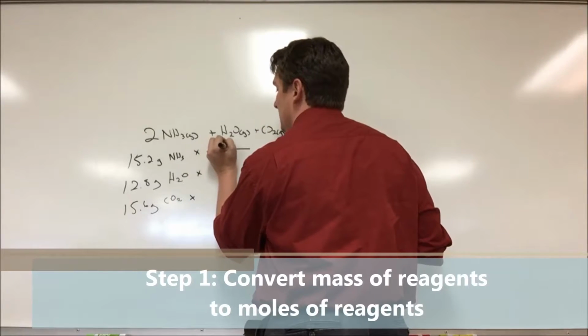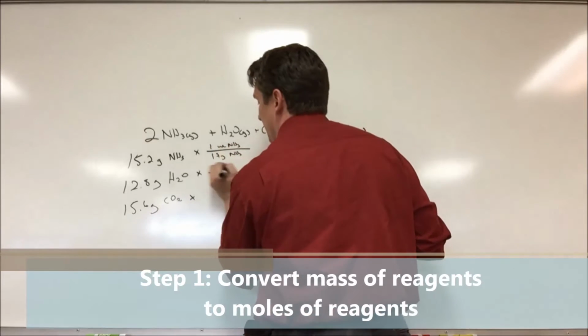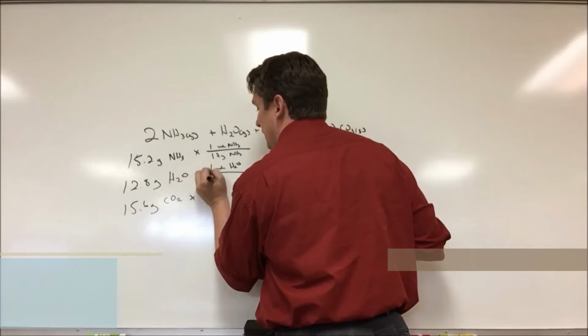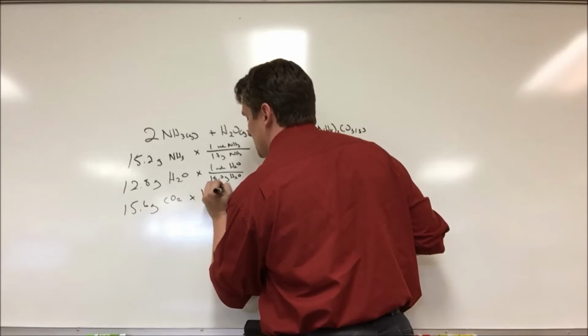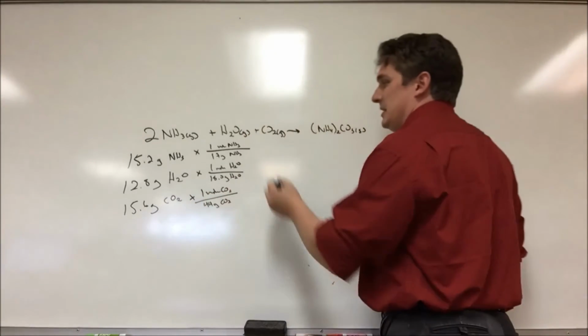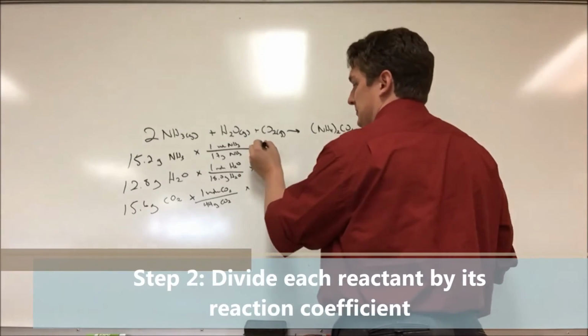So for every mole of NH3, we need 17 grams of NH3. For every mole of H2O, we only have 18.0 grams of H2O. And for every mole of CO2, there's 44 grams of CO2. The next step is just to divide by the reaction coefficient.